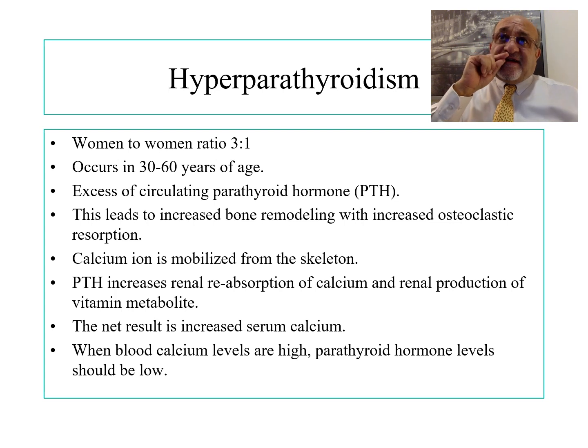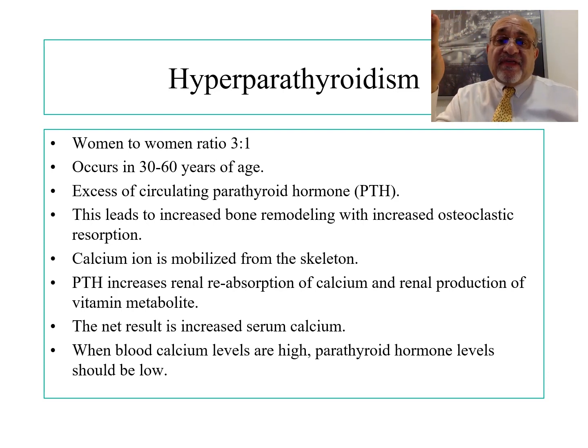The disease itself, hyperparathyroidism, is present in women more than in men, 3 times the rate in men, and it occurs between the third and the sixth decade of life, characterized by an increase or excessive circulating parathyroid hormone, so the level is increased.